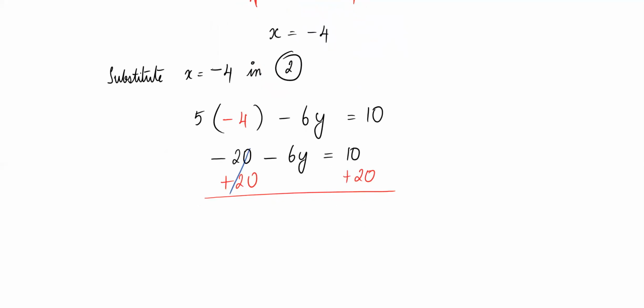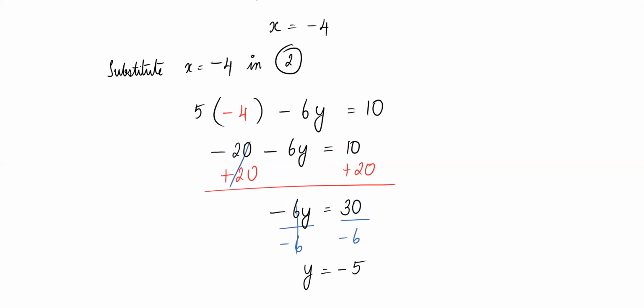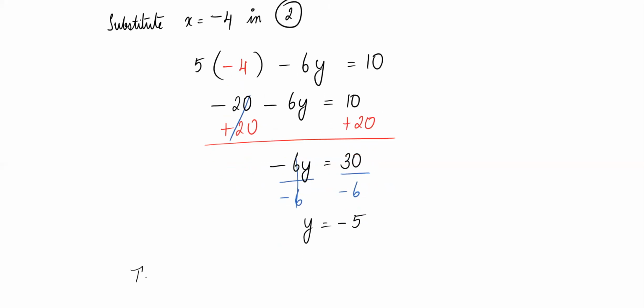That will eliminate this one. Negative 6y equals positive 30. Divide both sides by negative 6. And you get y equals negative 5. Well, x is negative 4, y is negative 5. The ordered pair, negative 4, comma negative 5, is the solution to the system.